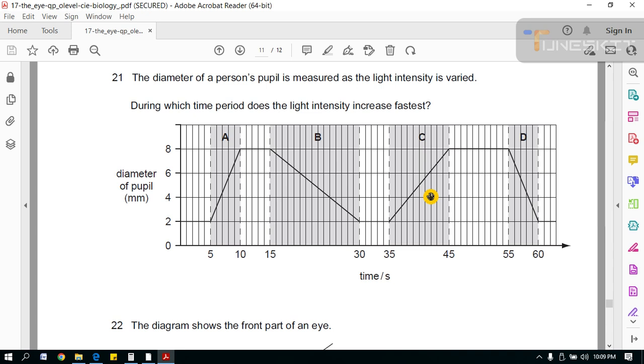Yes, you can find out in case of B. In case of B, you can observe that the line is going down very fast. In this case, light is going very fast between 15 and 30, right? And on the other side, you have another line in case of D.